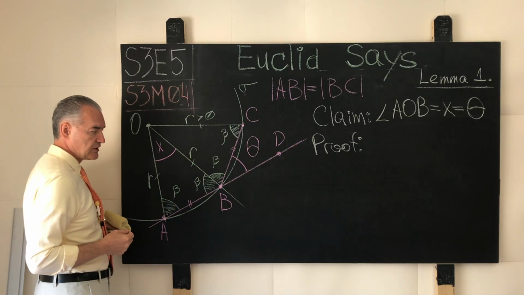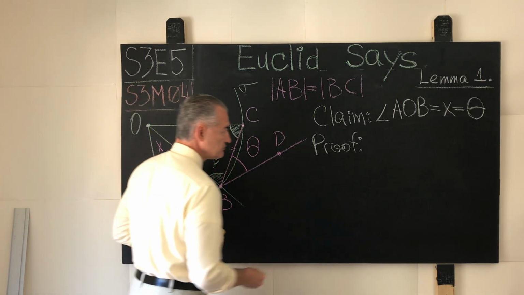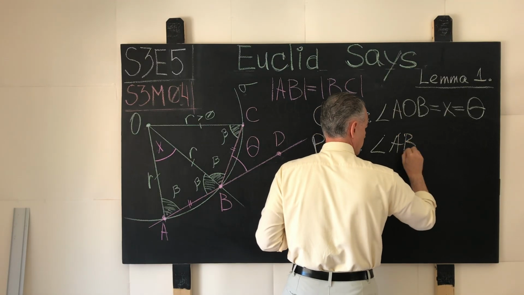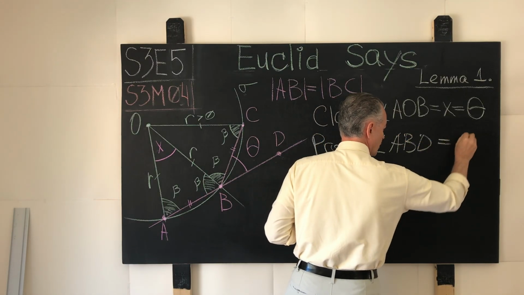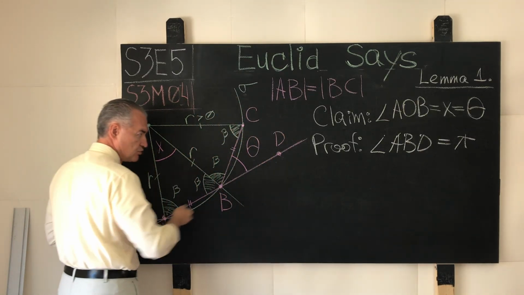What is the conclusion here? Well, look at this. The magnitude of the angle ABD is equal to pi radians, simply due to our construction.